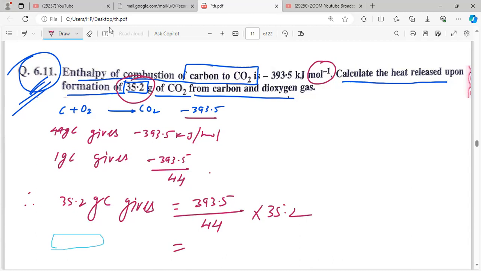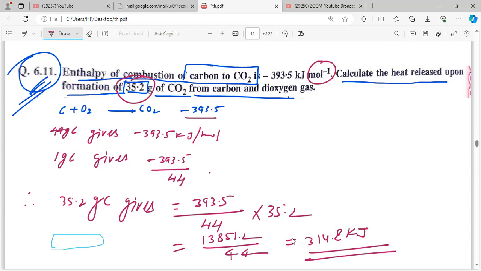Tanu, are you solving? Yes, sir. 393.5 multiplied by 35.2 is coming 13851.2 divided by 44. Let me do it. I will take the answer: 314.8 kilojoule.